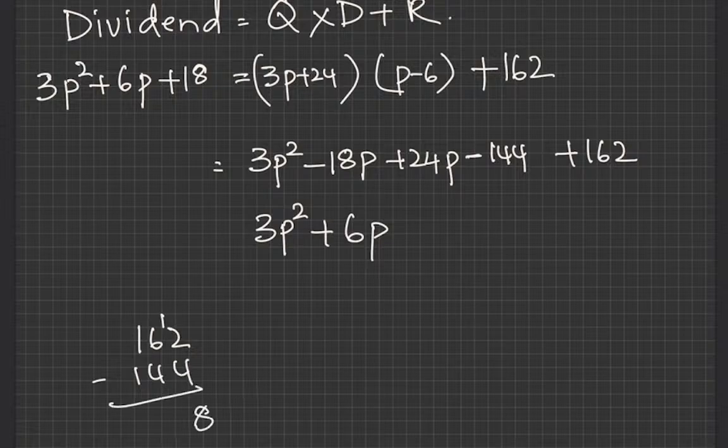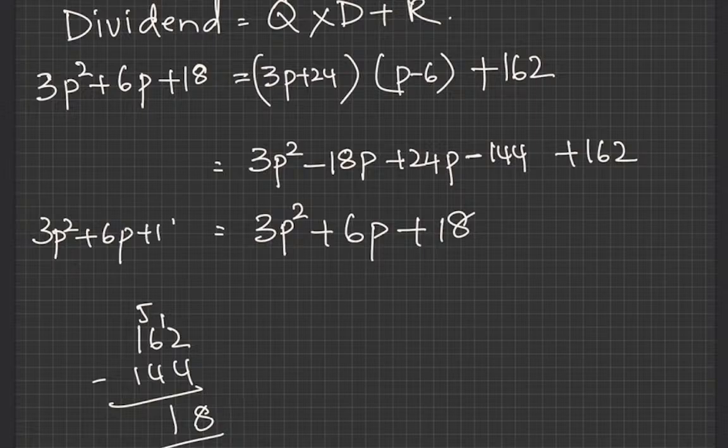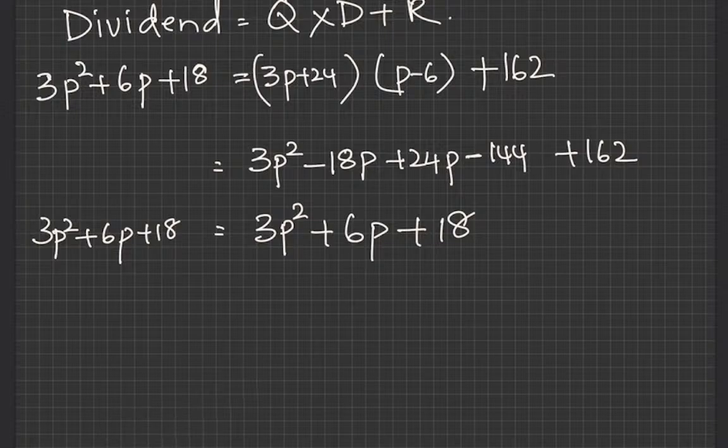So this is 18. So plus 18, which is equal to my LHS, that is 3p squared plus 6p plus 18. Therefore, my LHS is equal to RHS. Thus, we have verified that LHS is equal to RHS.